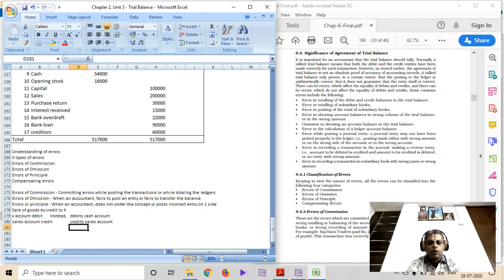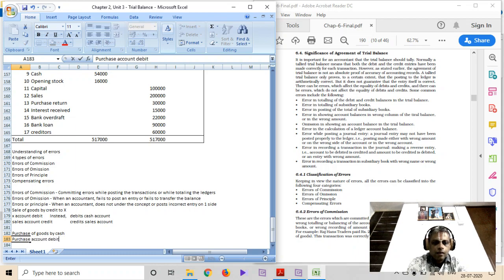It can be the other way also. When purchase of goods is by cash, the entry should be purchase account debit, cash account credit. Instead of crediting cash account, the accountant is crediting supplier.